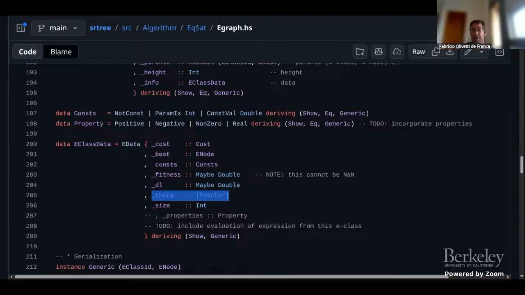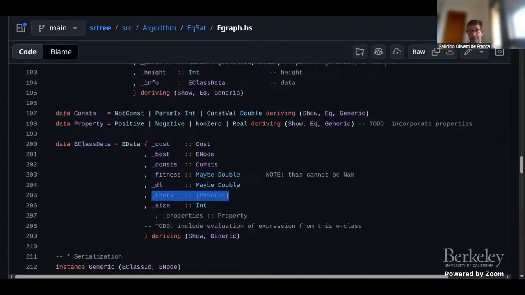So the vector of parameters is assigned to each class. Even if I have two expressions that share some common expressions, what is going to dictate which are the theta parameters is the root of the class. They're going to store the optimal parameters for that expression, and always for the smallest expression that can be extracted from that E-class.